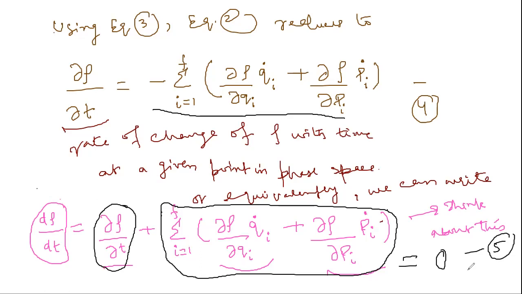We considered an isolated system which was specified classically by f generalized coordinates and momenta. Then we conceptualized the ensemble of systems of this system of interest and talked about the specification of that ensemble in the phase space by density function, then argued that each individual point, that means each individual system in the ensemble of systems, moves in time according to our Hamilton's equations of motion, and we reach here, equation 5.